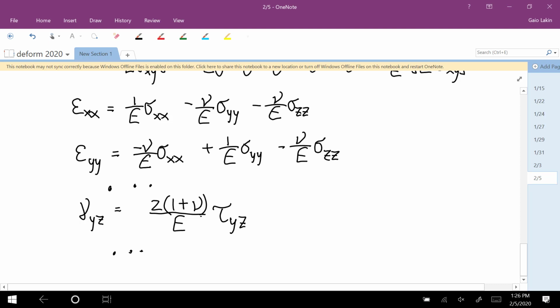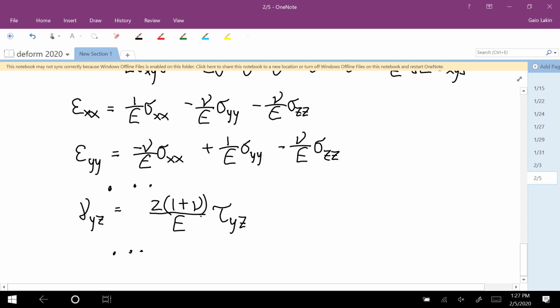And by the way, the inverse of this works too. The coefficients are different, but if you're trying to use the stiffness matrix to calculate the X normal stress, you'd need to know all three normal strains, okay? Same with calculating y, z, z. But then when you get to the shear, if you're trying to calculate a shear stress, all you need to know is that corresponding shear strain, okay?